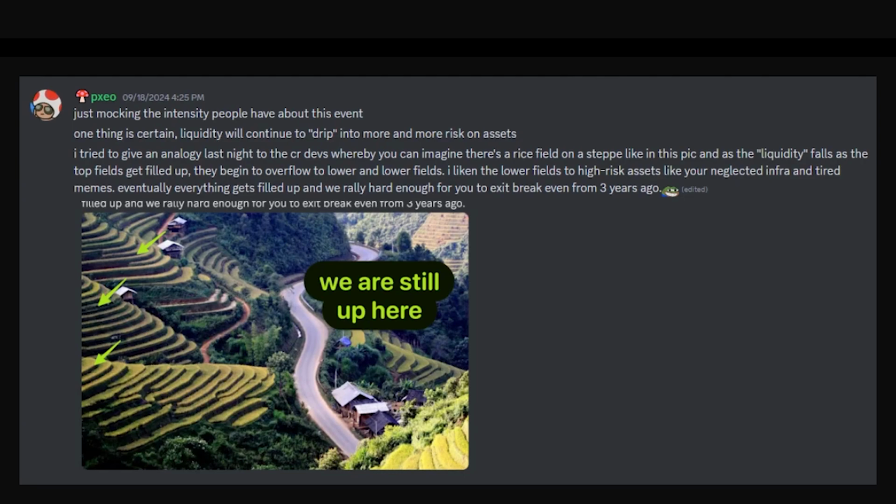I don't either. I just remember seeing this many times and thinking, wow, this is kind of how global liquidity works. So basically the idea here is I just imagine the top steps of the rice fields. Once they fill up, then they trickle down lower and lower into the plain.